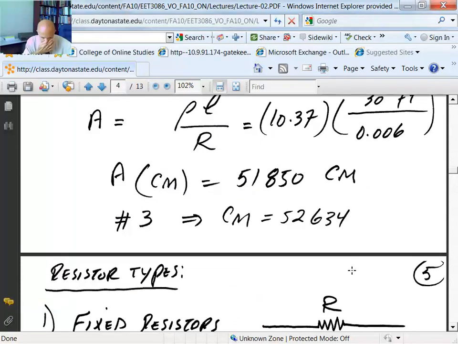If you use that, you should be able to. You always go with a circular mil which is higher than the one you calculated.